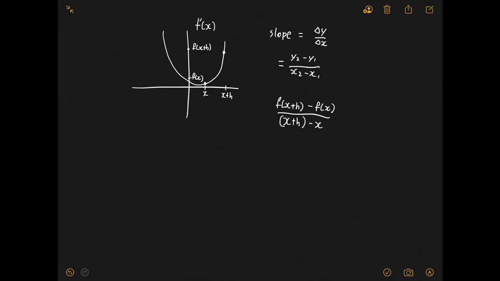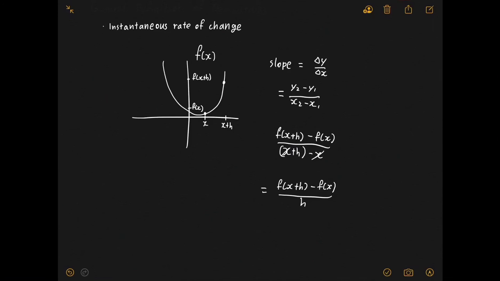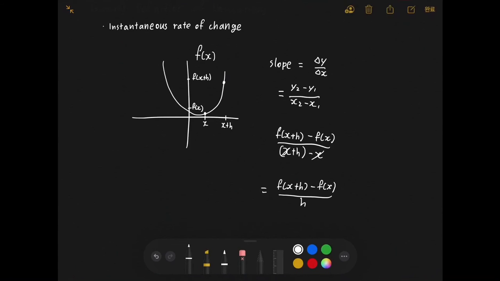So we can cancel this x. So finally we get this function. However, our original goal is to find the instantaneous rate of change. In other words, we want to find the slope at certain points. At one point, suppose we want to find the slope at x.